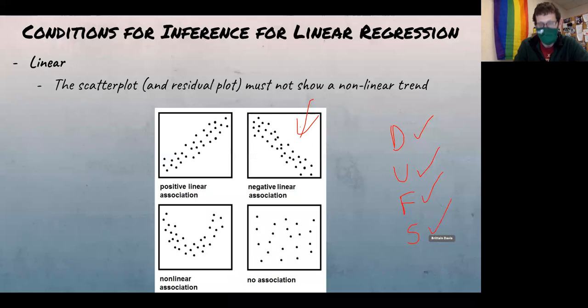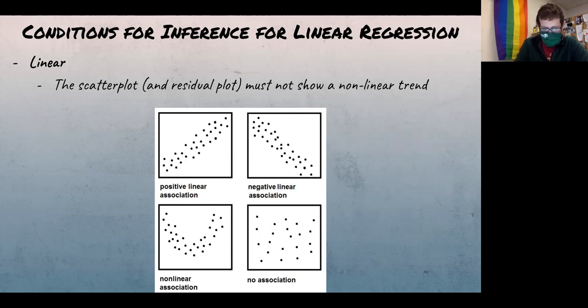And the strength, that's where we can come up with our correlation coefficient based on what we're seeing. So I might say that's a 0.7. Sure, why not? Seems good enough. So when we're checking for conditions, we want to first of all make sure that this is linear. And so these two are good for inference. These two are not.